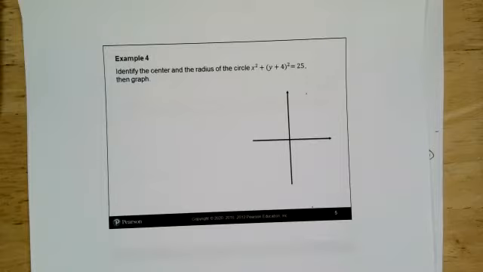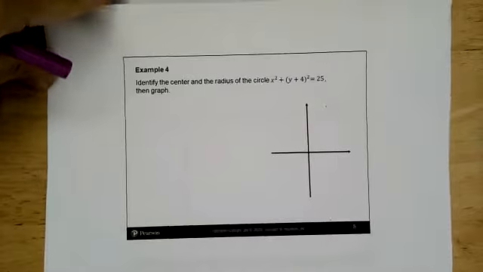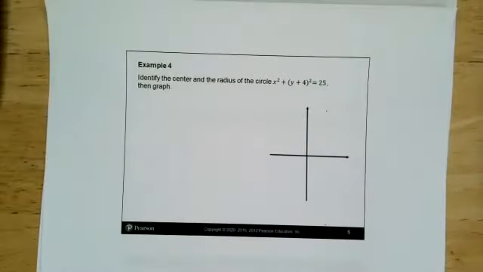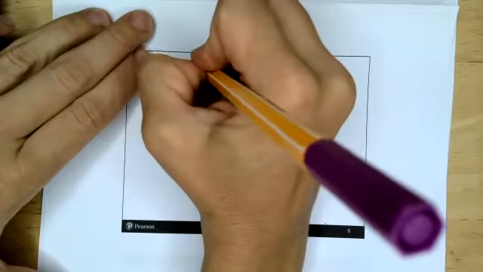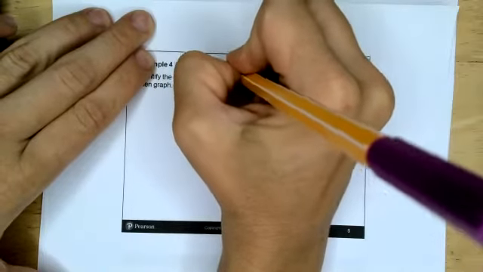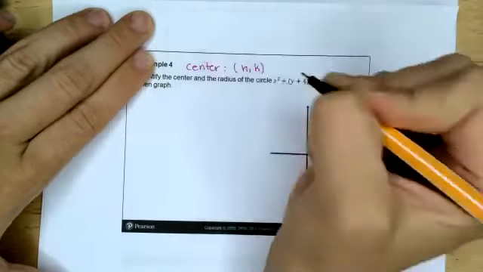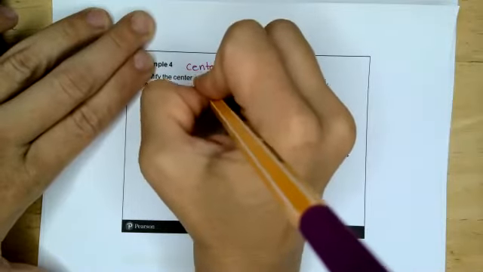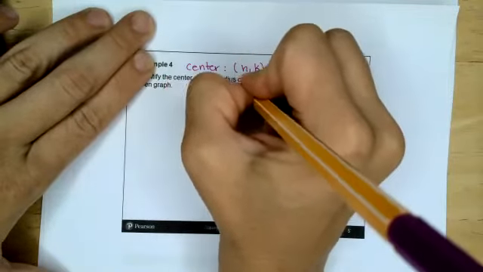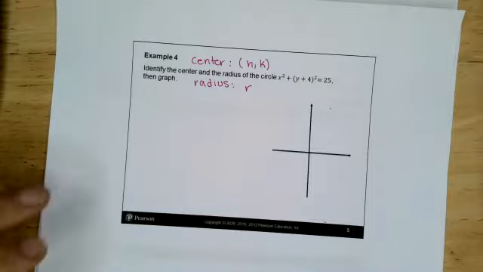Now, example 4 is asking us to identify the center and the radius of the circle x squared plus the quantity y plus 4 squared equals 25, and then graph it. Good? All right, so the center is going to be h comma k. The radius is going to be r, right?